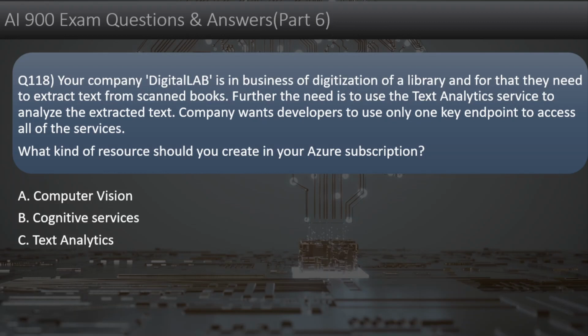The company wants developers to use only one key and endpoint to access all of the services. What kind of resource should you create in the Azure subscription? Option A, computer vision. Option B, cognitive services. Option C, text analytics. The answer is option B, cognitive services.